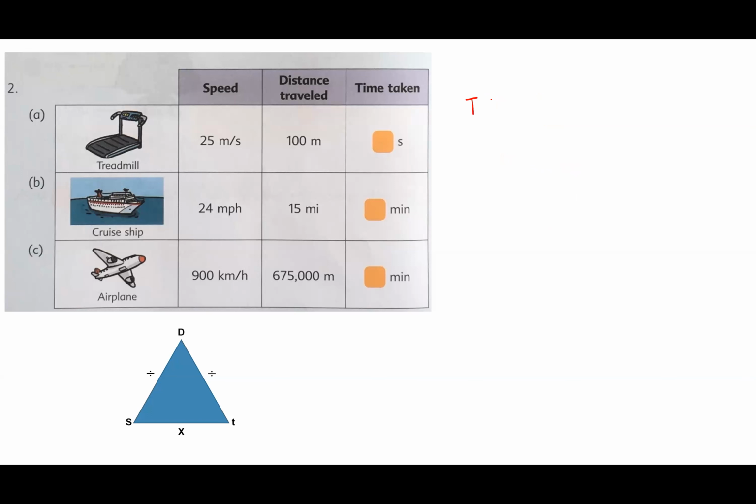Okay, we're finding time again, so distance over speed. Let's try it with the formula and see what happens. All right, we've got 15 miles divided by 24 miles per hour. Notice that they're asking for an answer in minutes. But if we set this up like this, I can cross cancel those miles and I can see that I'm just going to be left with an hour unit.